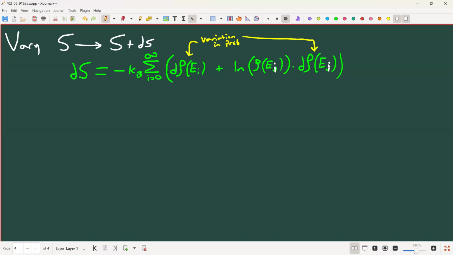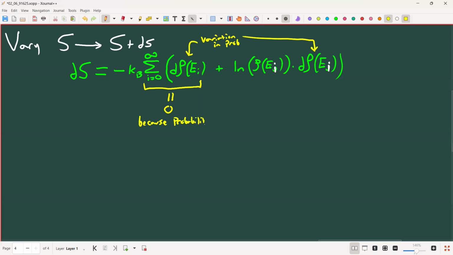Some are going up and some are going down, but the total probability is 1. So the sum of all the changes goes to 0, because for every one that goes up, something also must come down. Probability is conserved. So this term right here goes to 0.